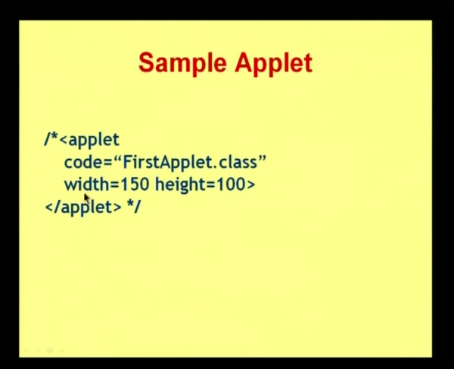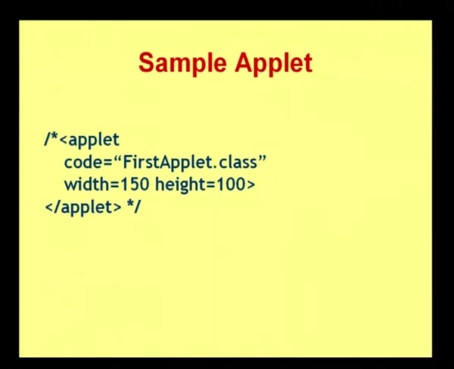This is a multi-line comment in which I have an HTML tag, which is nothing but my applet tag. I have an applet tag and then I give the code of the applet, that is, the class file where my particular Java code resides. I specify the width, I specify the height. This particular comment will not be compiled by your Java compiler.